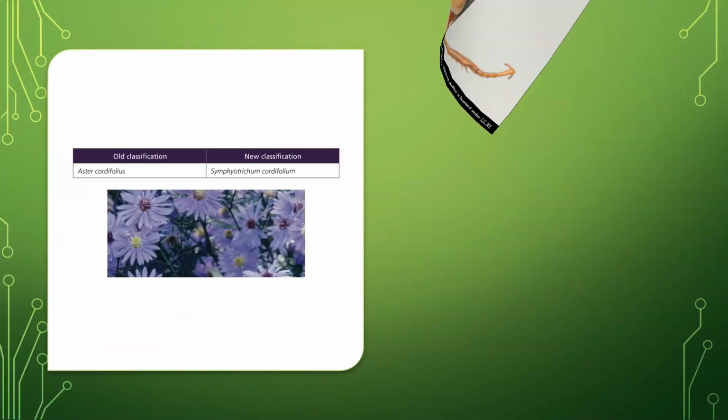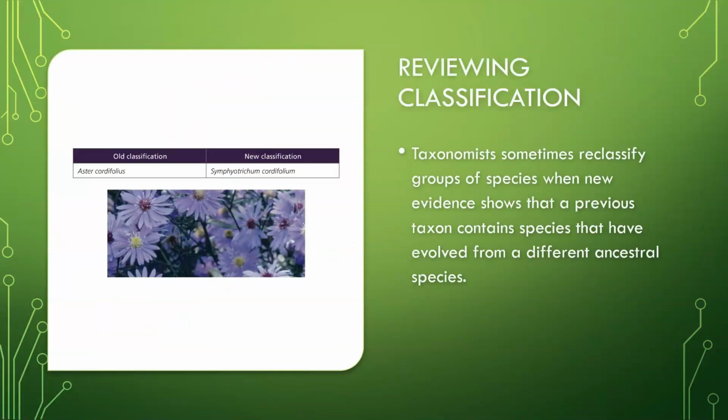So when it comes to reclassification, and we did talk about this in an earlier video, when we're reviewing our classification, taxonomists sometimes reclassify groups of species when evidence shows that the previous taxon contains species that have evolved from a different ancestral species. So we've got a group in a certain taxon, and one specific species there doesn't match the others in terms of their DNA, so it needs to be reclassified.